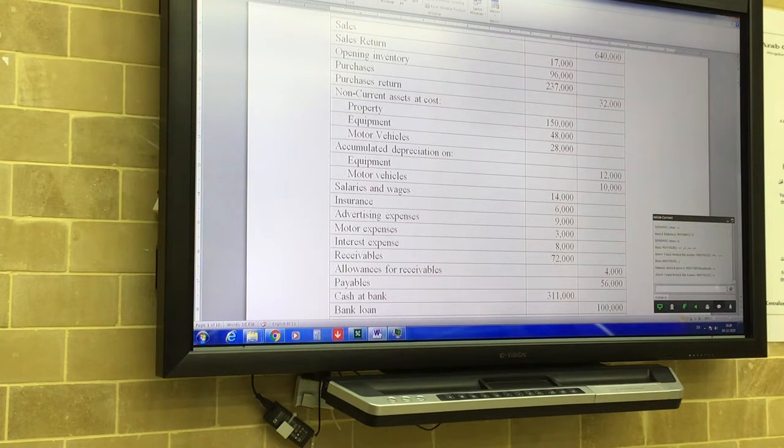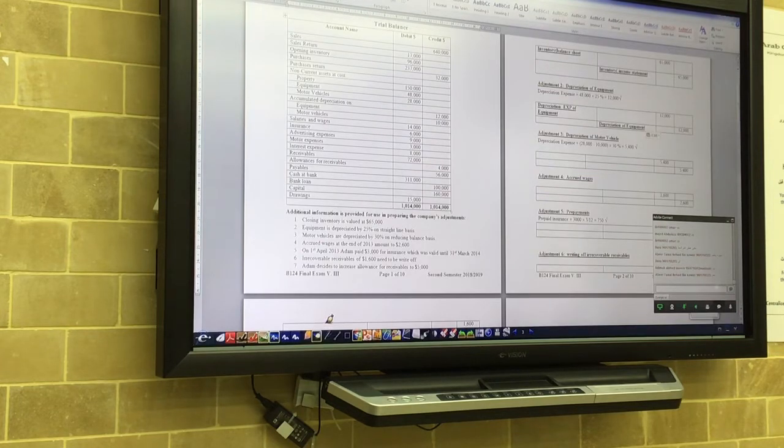The historical cost for the motor is 28,000, and the accumulated depreciation for the motor is 10,000. So the new book value for the motor will be 18,000. So 28,000 minus the accumulated depreciation gives you the book value.